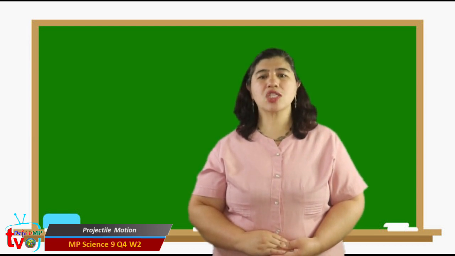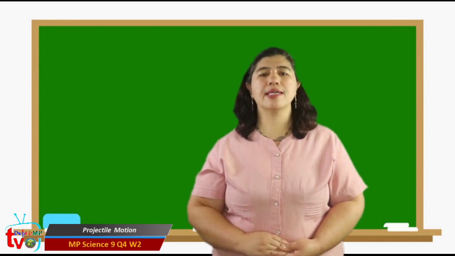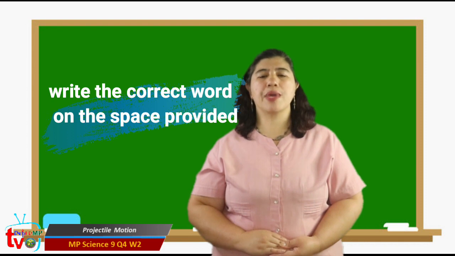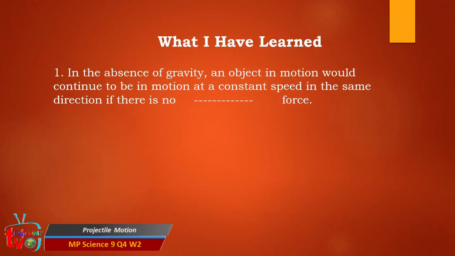Let us summarize what you have learned by completing the statements given. Write the correct word on the space provided. Number 1. In the absence of gravity, an object in motion would continue to be in motion at a constant speed in the same direction if there is no blank force.